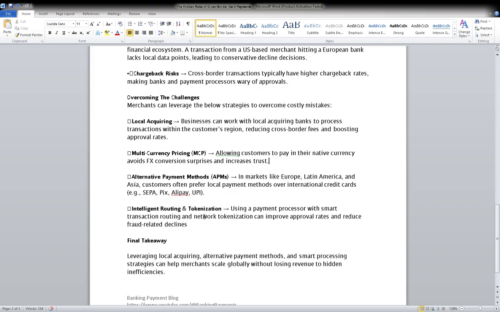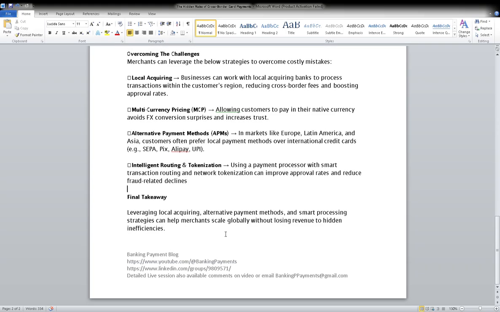Intelligent routing and tokenization. Using a payment processor with smart transaction routing and network tokenization can improve approval rates and reduce fraud. It's already known, right? Now the tokenization concept is there. We have to apply OTP and approve it, and only then is the token released, and the payment is released.